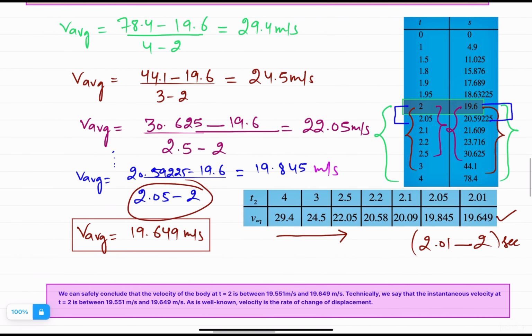Based on this, we can conclude that the velocity of the body at t equal to 2 seconds is roughly between 19.551 meters per second and 19.649 meters per second. Or technically, we can say the instantaneous velocity at time equal to 2 seconds is between these two values.